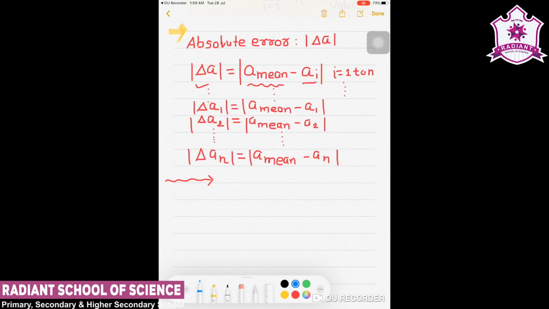जैसे हमने सबसे पहले ए ऑफ मीन निकाला, ऐसे ही अब हम डेल्टा ए ऑफ मीन वैल्यू निकालेंगे.